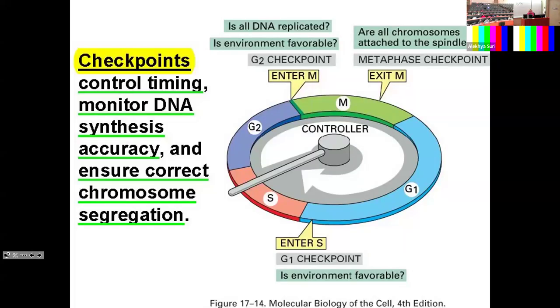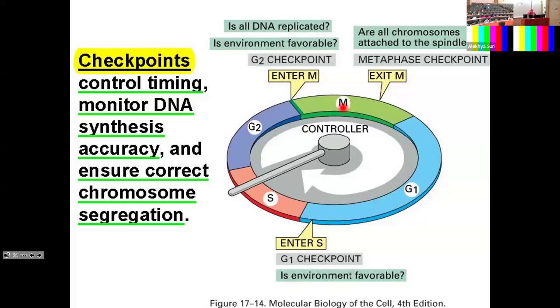Okay? Then the second checkpoint is the one closer to the start of mitosis. Why is that? Because now the cell has to check not only the environment, but also that the DNA is replicated, right? Because then we are going to the division into two different cells.